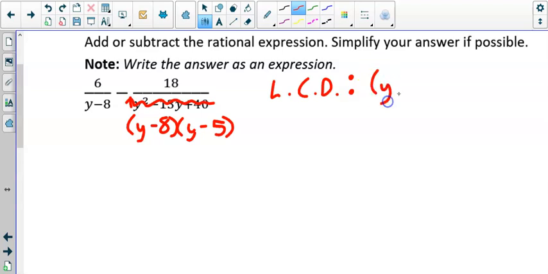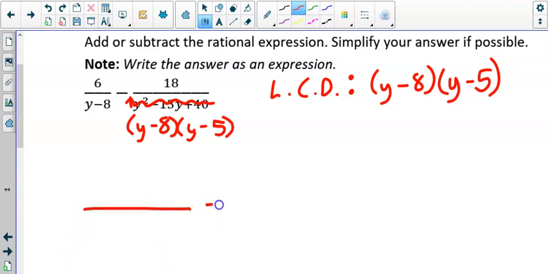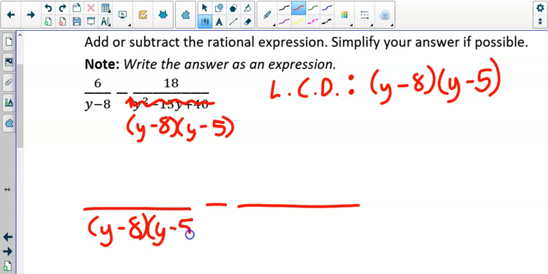It's going to be made up of both of them, because that first parenthesis, y minus 8, covers the first rational, and then both of these parentheses help cover the second rational. So now we create our two rationals that will both now have the same denominator.